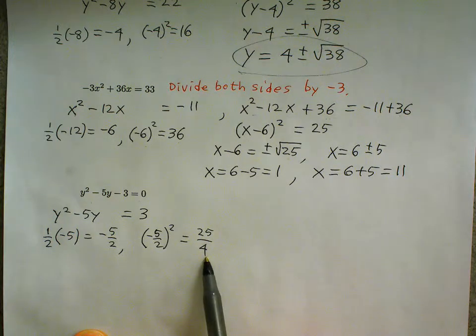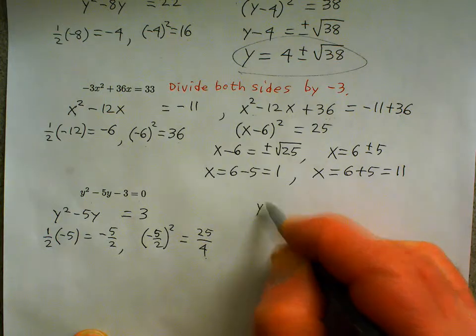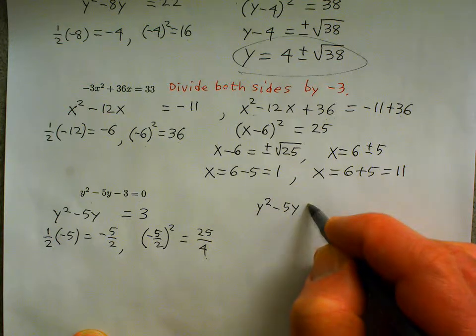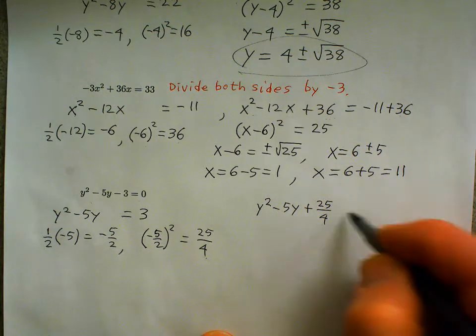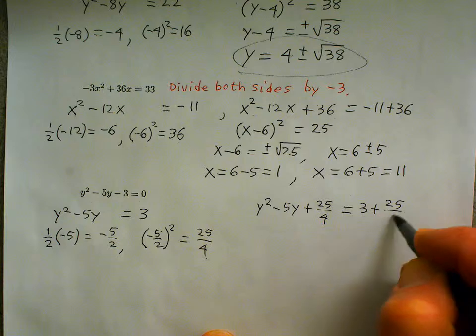This is the number we're going to add to both sides of the equation above. So we'll get y squared minus 5y plus 25/4 equals 3 plus 25/4 on the right-hand side.